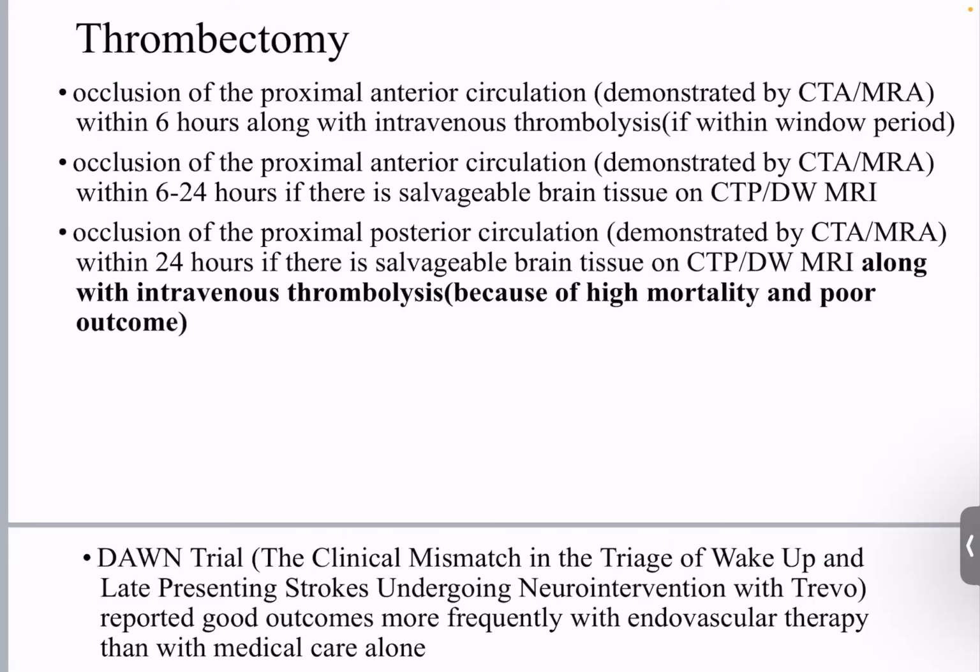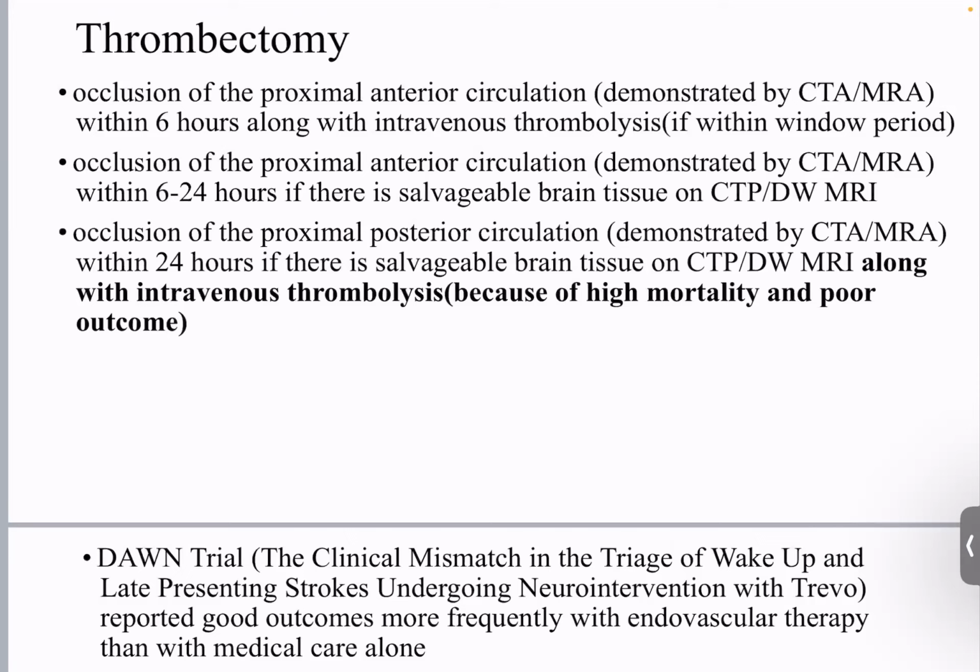Or if you are having a CT perfusion imaging, we can demonstrate the same there. Infarct has not developed, but CT perfusion is showing an abnormality. In that case, you can go for thrombolysis. Similarly, if these abnormalities can be demonstrated up to 24 hours, for a large vessel occlusion we can do a mechanical thrombectomy. For posterior circulation stroke, even up to 24 hours, we can do thrombolysis plus thrombectomy.